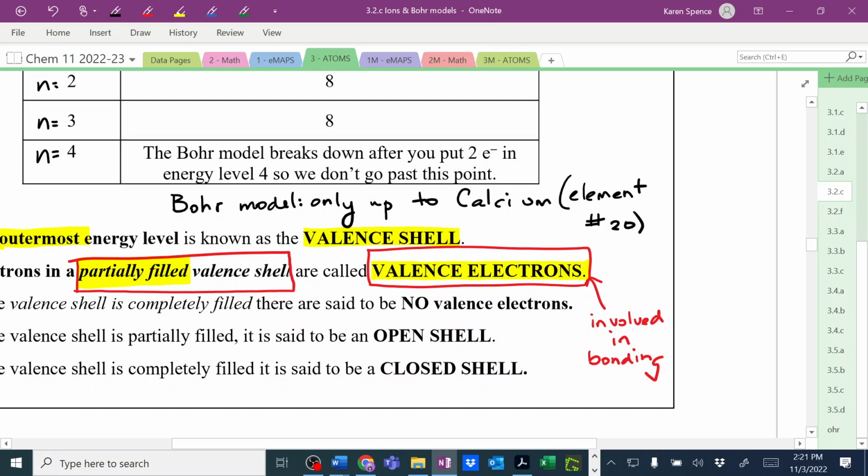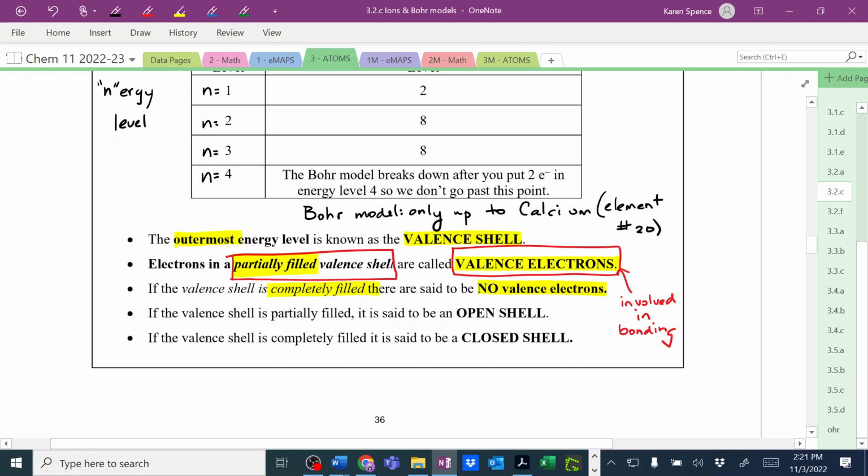So if you have a completely filled valence shell, there are no valence electrons. That would be like a noble gas. So even though there are 8 electrons in the outermost shell, how many valence electrons are there? 0.